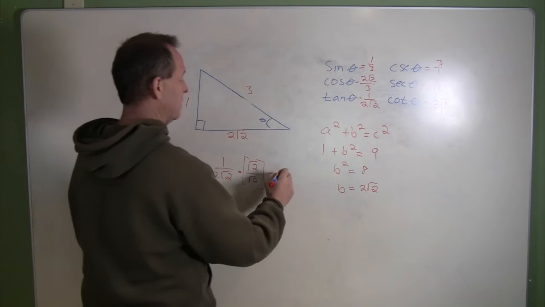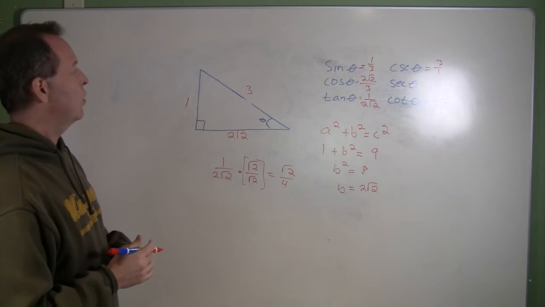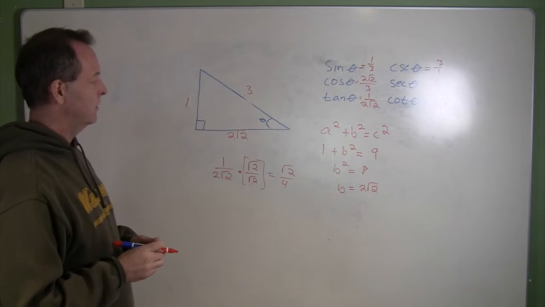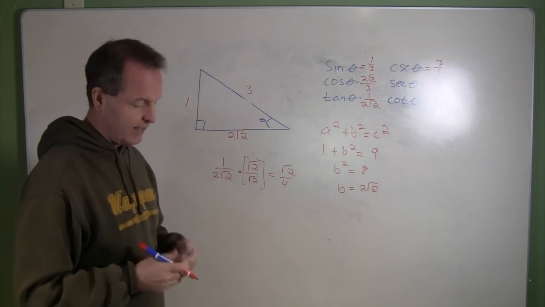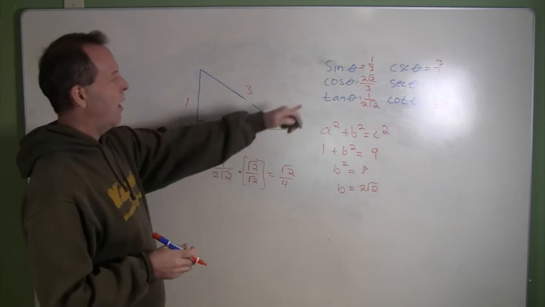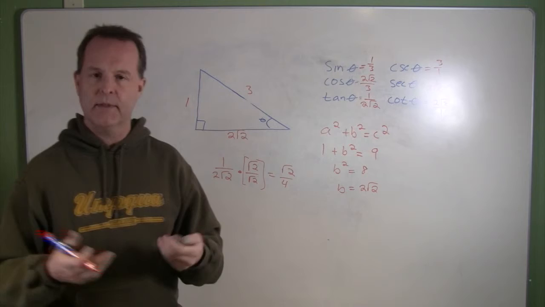And 1 times root 2 gives me root 2. And so the tangent of 1 over 2 root 2 is the same thing as root 2 over 4. And therefore I rationalized the denominator. And you can do likewise with the other one that needs to be rationalized, the secant as well. Same process.